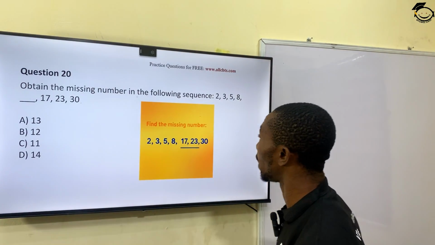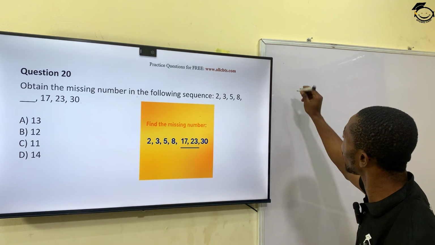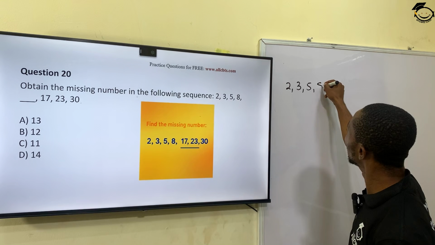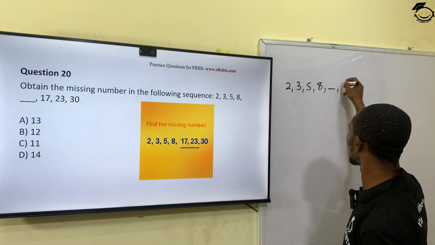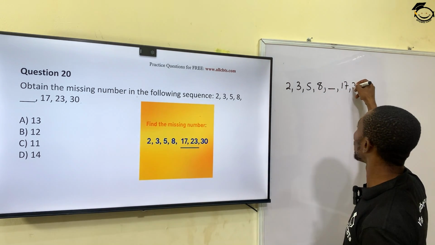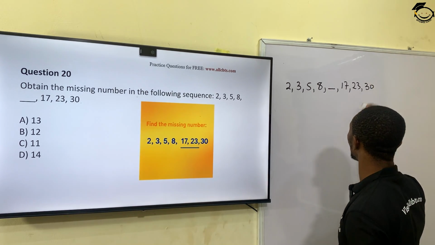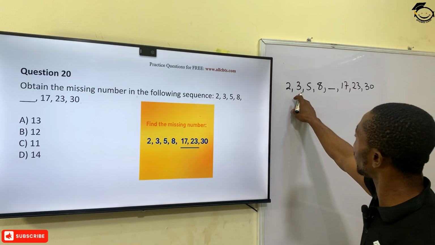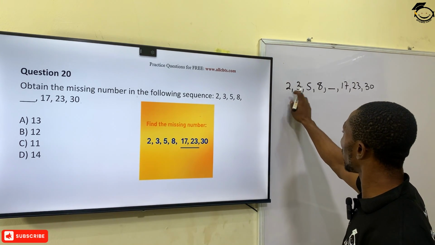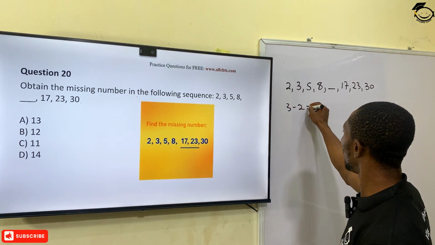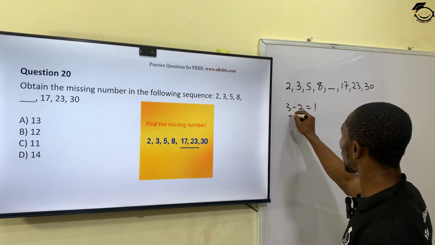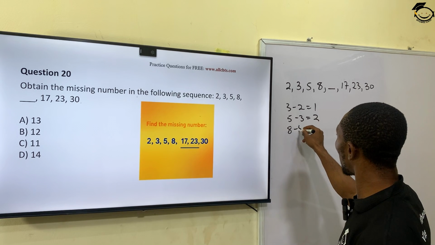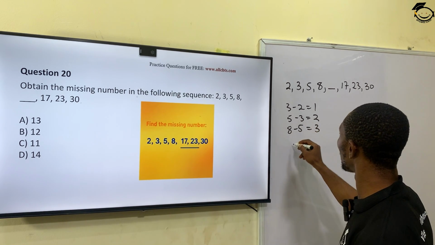Obtain the missing number in the following sequence: 2, 3, 5, 8, dash, 17, 23, and 30. Now, let's look at the sequence. 3 minus 2 is 1, 5 minus 3 will give us 2, 8 minus 5 would give us 3.